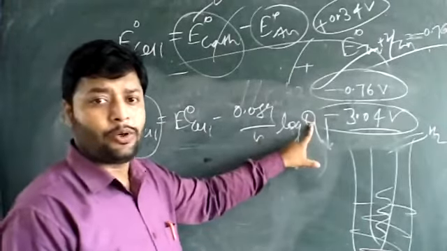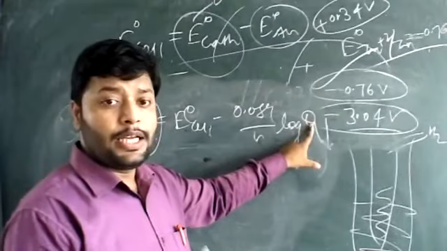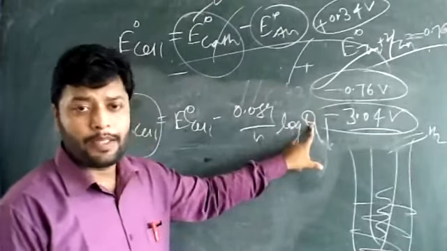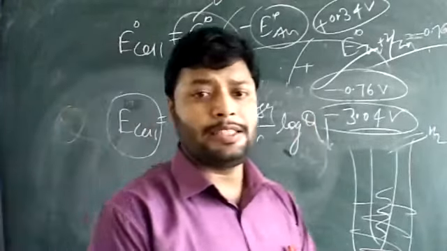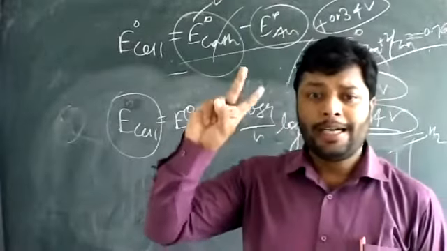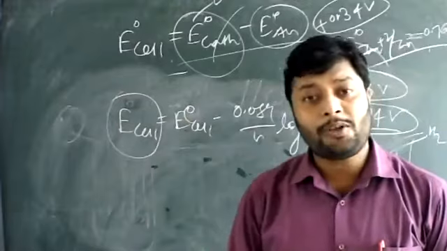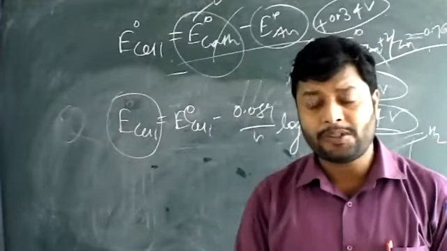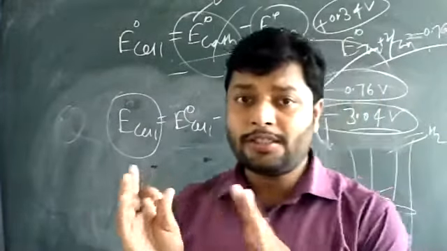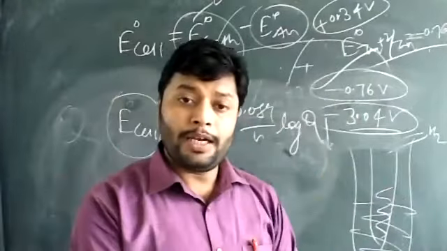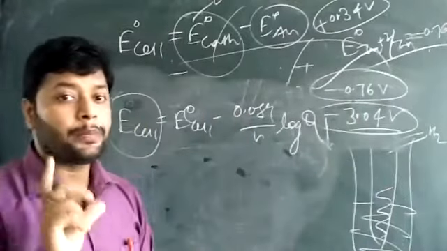And Q is the reaction quotient, in terms of aqueous condition only. Here in the electrochemical cell, no solid, liquid or gaseous species are involved in the electrochemical process, because only the charge, the electrons, can decide the flow of current.